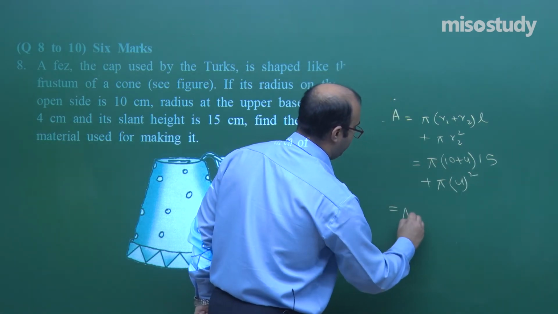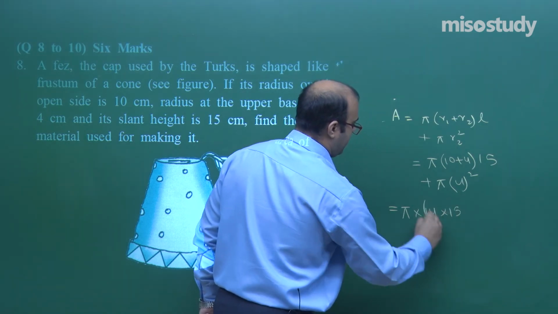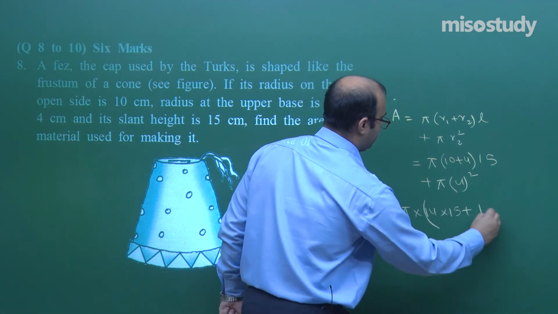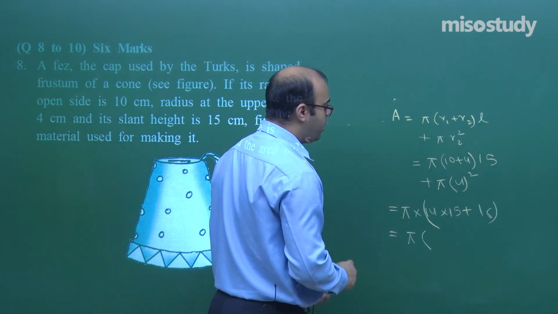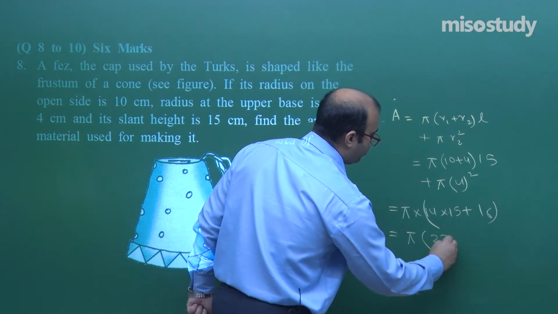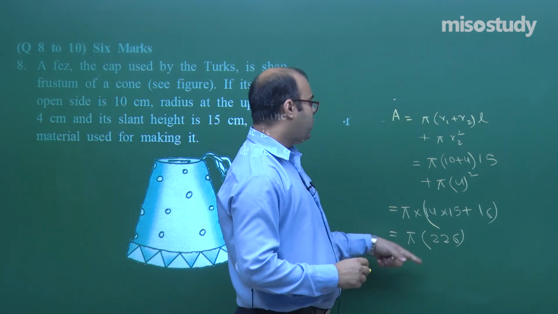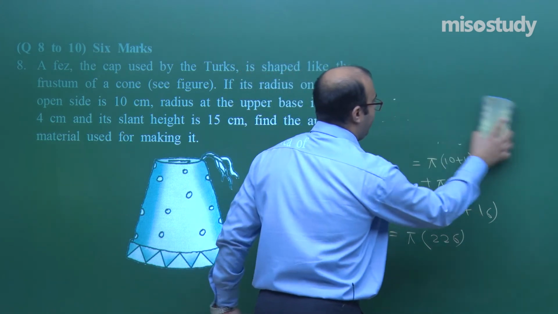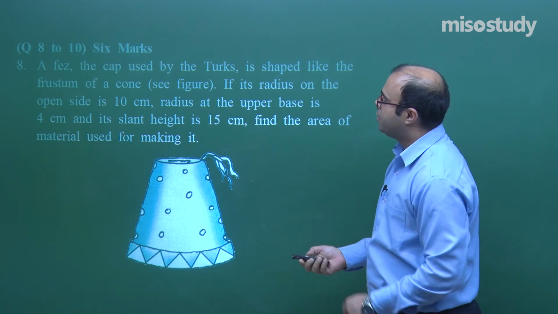This will become pi into 14 into 15, and let us take pi common also, plus 4 square is 16. So we write it as pi, 15 into 14 is going to be 210 and plus 16 is going to be 226 students. So we can write it like this, and further if we want we can do further calculations. So this is how we can write the area of the material used to make the cap.